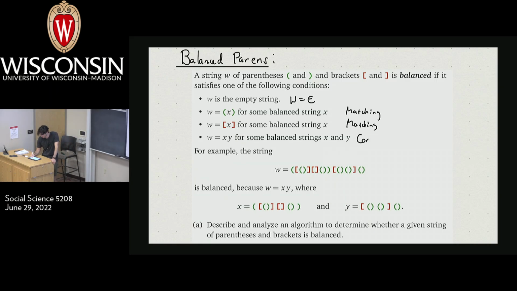So this one's concatenation. So, for example, this would be a balanced string. That's just a recursive definition of what intuitively we'd think of as balanced strings with parentheses.